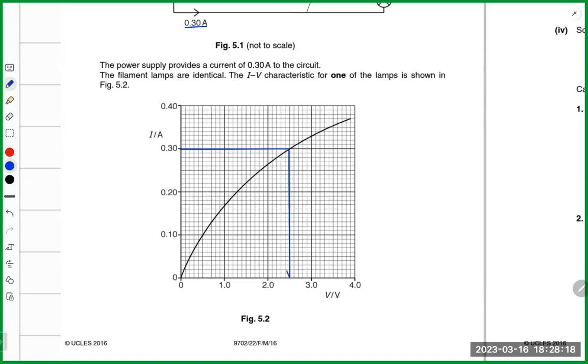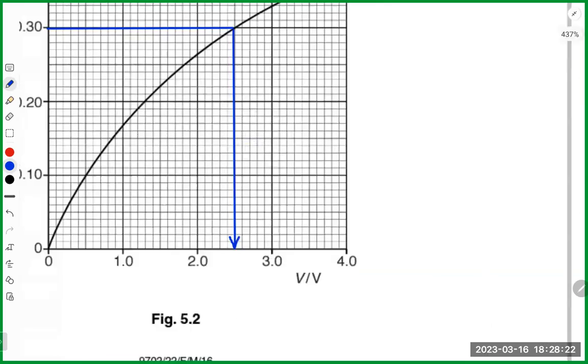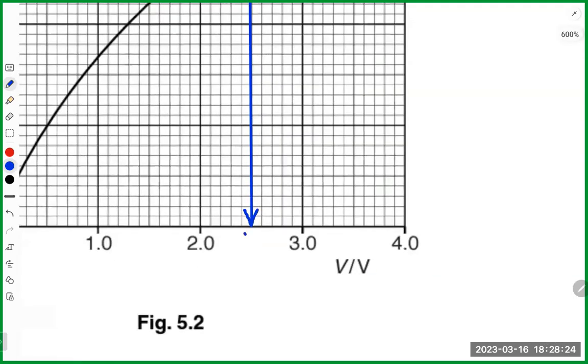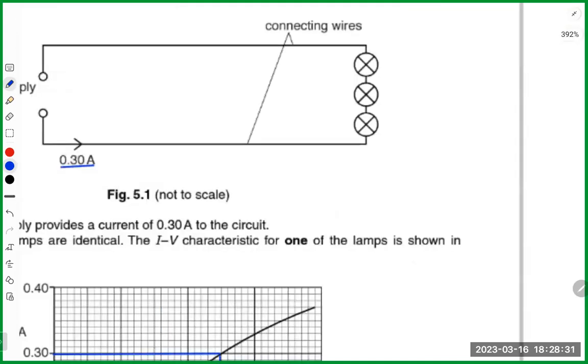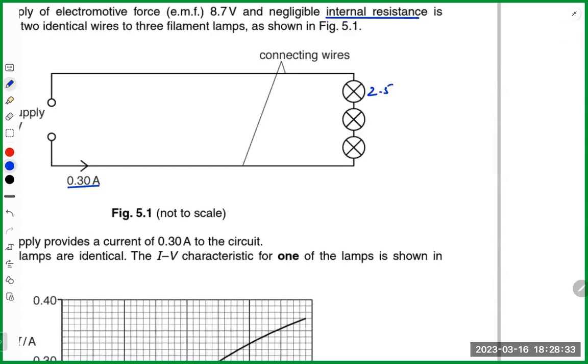So what is this value? 2.5. So it means that each lamp is having 2.5 volt. 2.5 volt, 2.5 volt, 2.5 volt. Together, this makes 7.5.